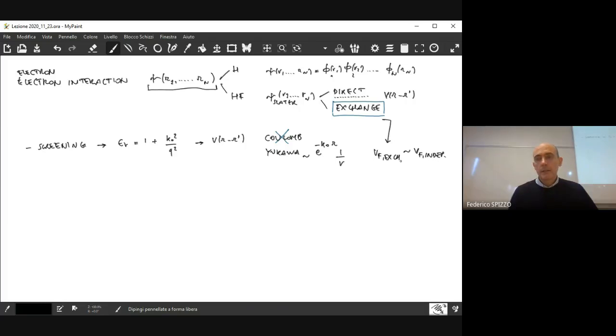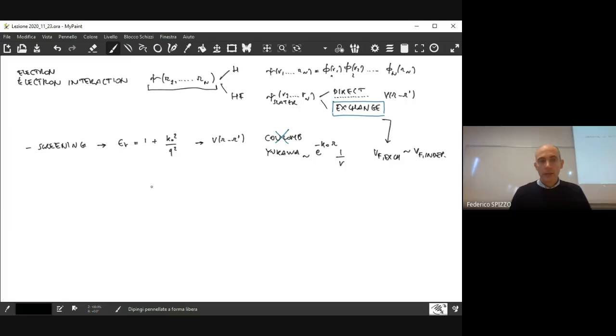So this means that at the end of the story, even if we consider the electron-electron interaction, direct term, exchange term, the effect of that over the electronic energies is negligible. And in particular, the effect of that over the Fermi velocity, that is an important parameter when you discuss the electronic properties, is very, very small.